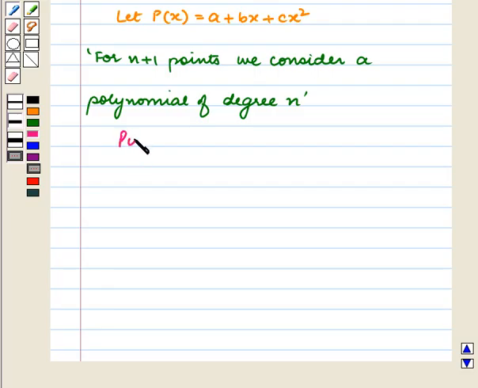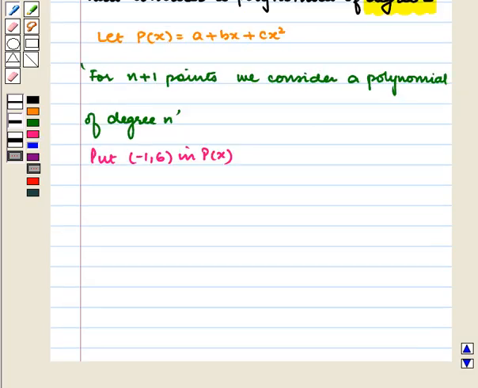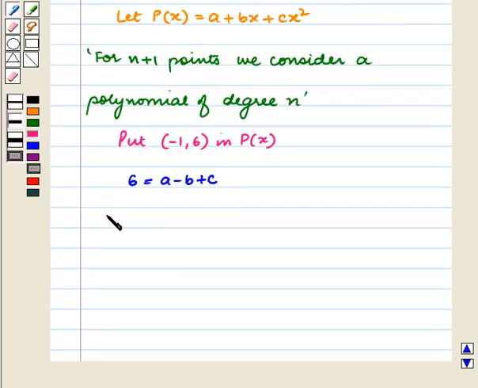Now we put (-1, 6) in p of x. We get 6 is equal to a minus b plus c.